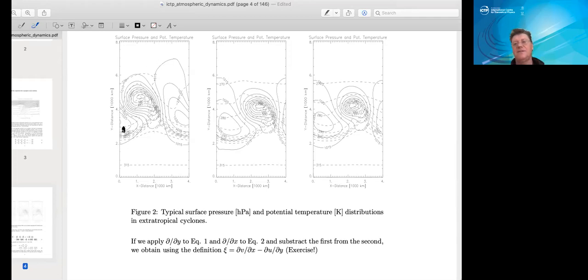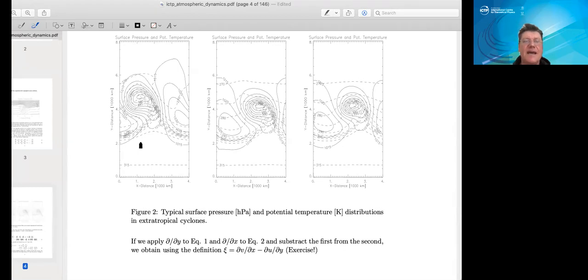So in principle, these systems lower their center of mass and therefore release kinetic energy. This is what all extratropical systems do. They manage to use this mechanism by lowering the center of mass. They are able to release this kinetic energy that is present in the stream function flow.